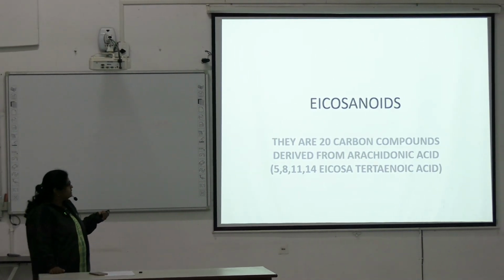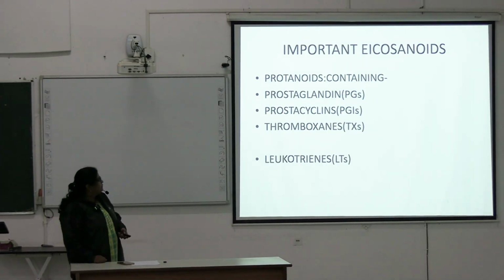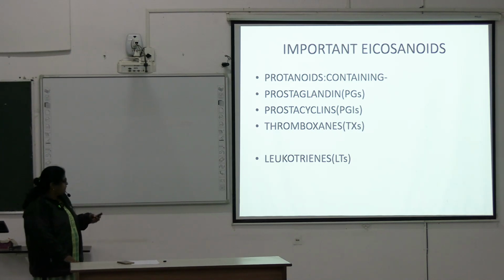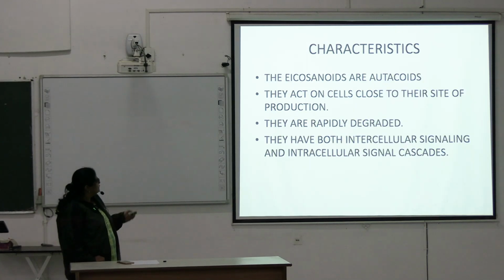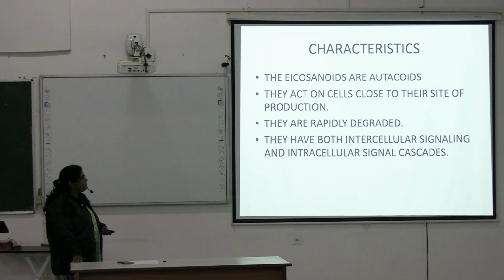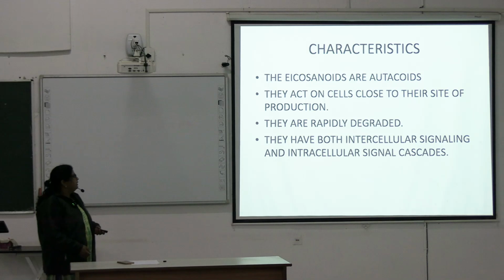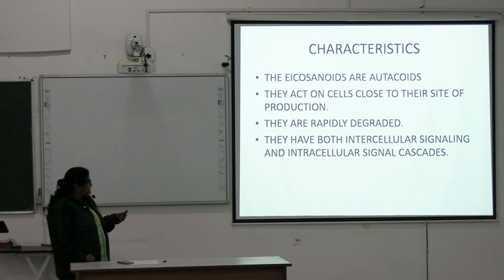What are those eicosanoids? They are 20 carbon compounds derived from arachidonic acid. What are the eicosanoids? Prostanoids, prostaglandin, prostacyclin, thromboxane, and leukotrienes. What are the characteristics? They are autacoids, act locally, very close to their site of origin, and are degraded rapidly. They have both intercellular and intracellular signal cascades.